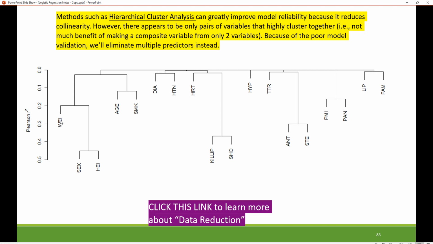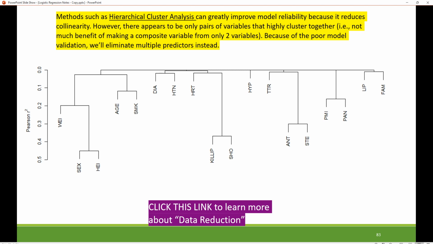That WEI represents weight. So if we know a patient's sex, height, and weight, that gives us an idea of maybe their stature, I guess. But what we end up probably seeing is that more males may be taller and heavier than females.